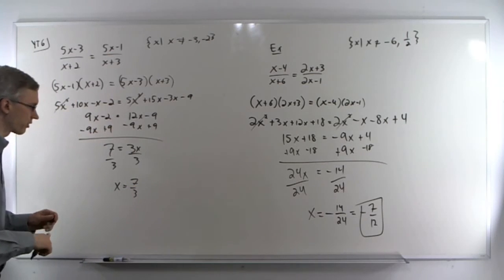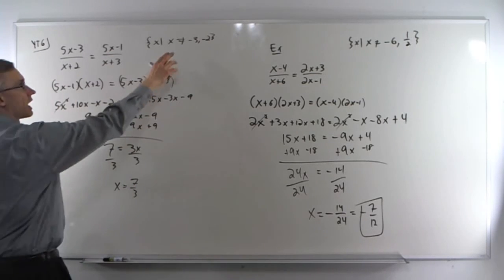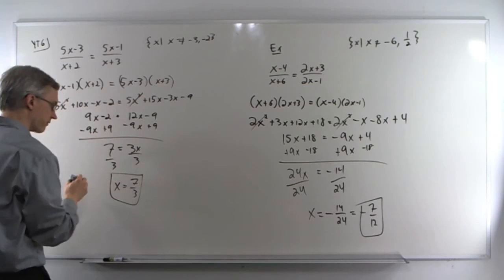So we get x equals 7/3. It's not excluded, so there's our solution, 7/3.